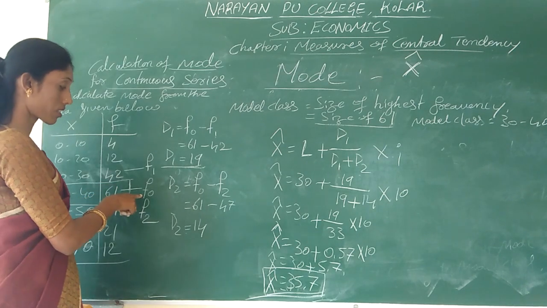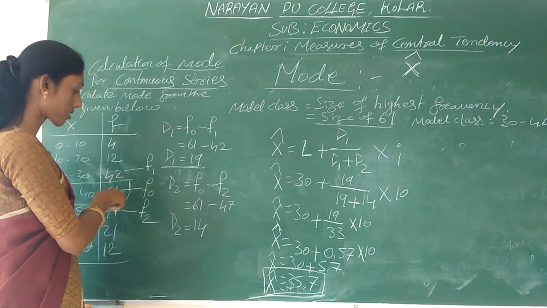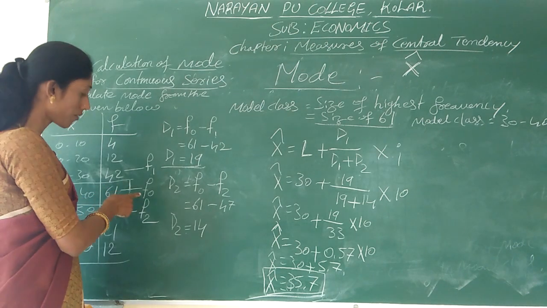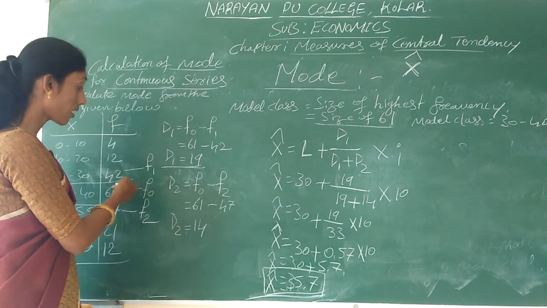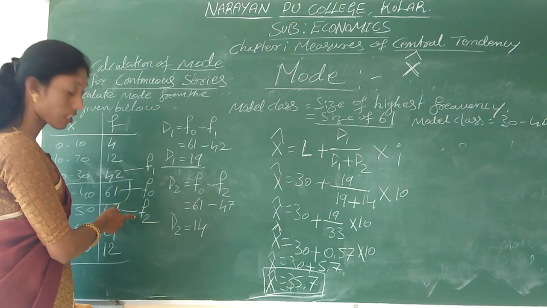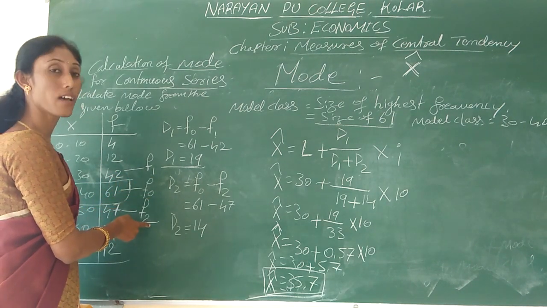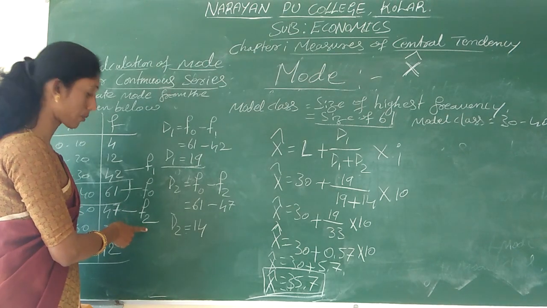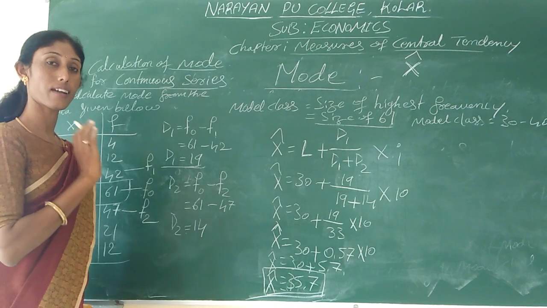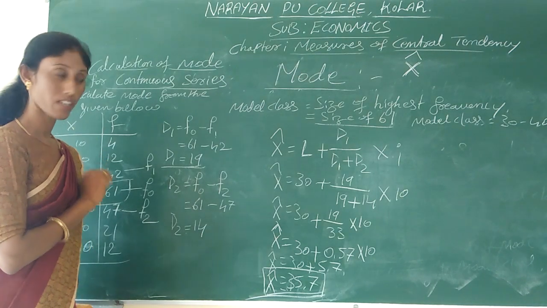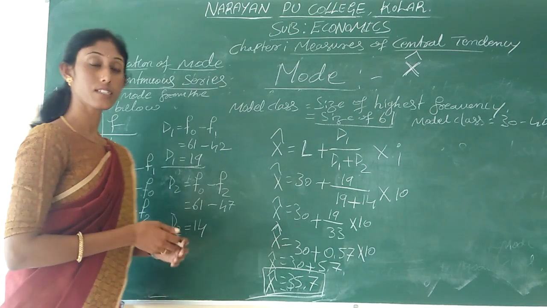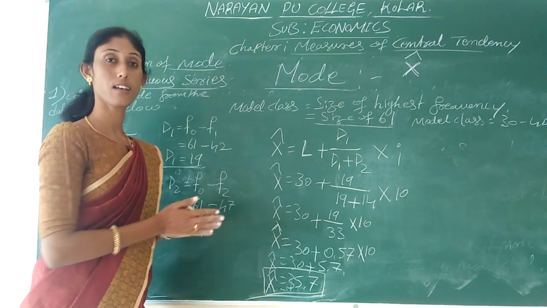The highest frequency will be called the mode class frequency, which you give as F0, the previous frequency as F1, and the succeeding frequency as F2. This is how to calculate the mode when the data is in continuous form. I hope you understood, and it's easy to calculate.